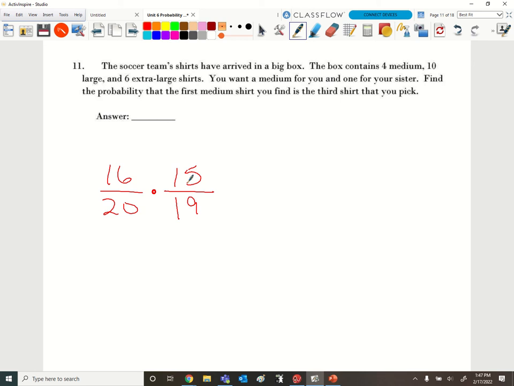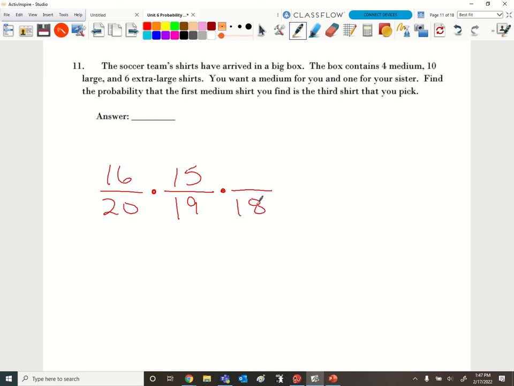Okay. So I take my shirt, and right over here, bam, is that still in the box? Nope. So I'm reaching in again. Now, how many total shirts are in the box? 18, because I took out another one. 2 shirts, right?